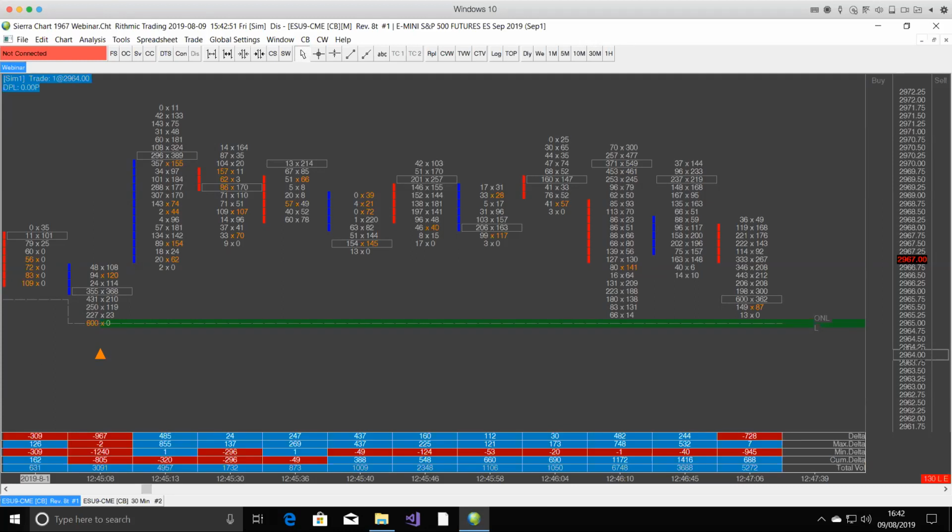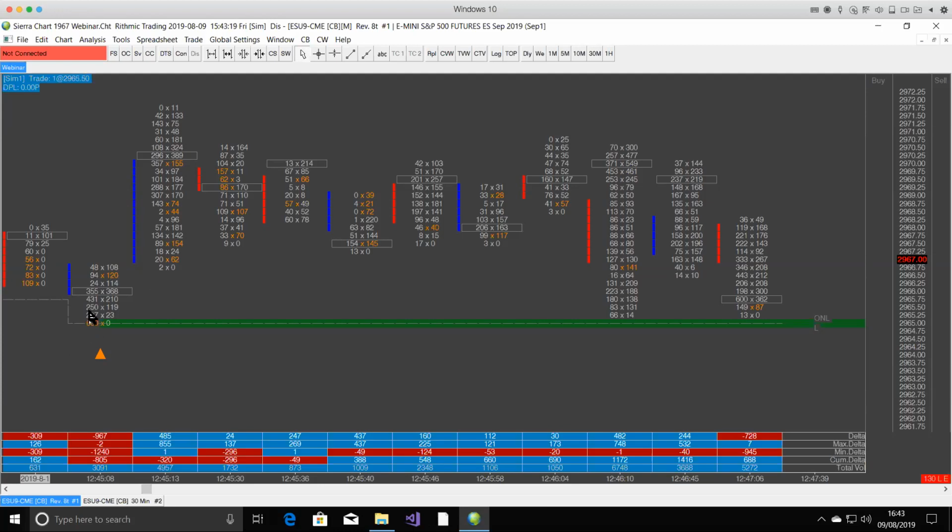And Dave's asking, would the other clue be that the bar closed green or up? Absolutely. We care about selling at the bottom of up bars, and we care about aggressive buying at the top of down bars. We're looking for the people who are trapped at the wrong end. So I don't care about a seller up here, or a buyer up here. These people are on the right side.